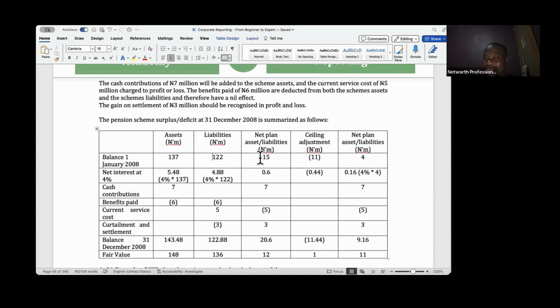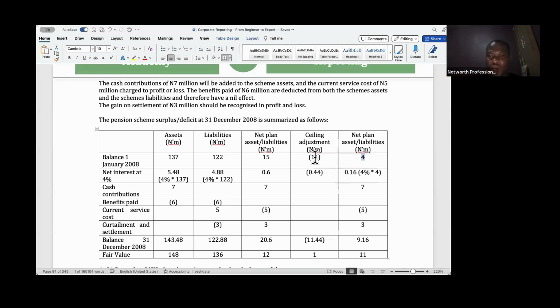What they will recognize should have been the asset ceiling, because since they have an asset ceiling, they will have restricted to that recoverability test. That is the actual amount they can actually recover, 4 million. So it's always the lower.